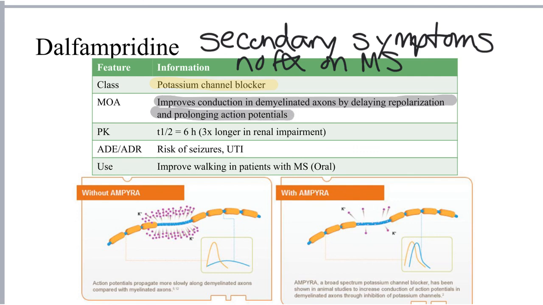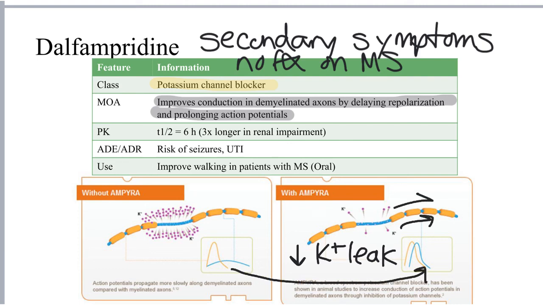Essentially, it results in less leakage of potassium out of the neuronal membrane, and therefore delays repolarization and allows action potentials to be more effectively propagated. It is indicated for improving walking in patients with MS, and it can be administered orally.